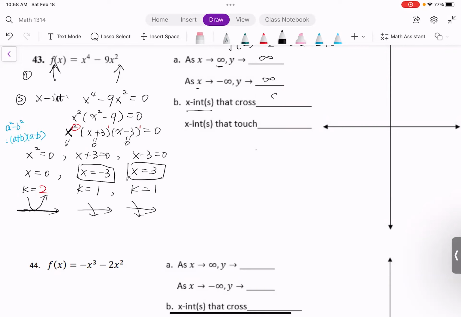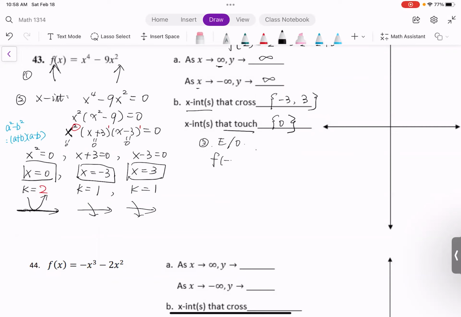I can list them in set notation: {-3, 3}. Touch means k equals 2, that's even multiplicity, at x equals 0. And then let's decide if it is even or odd. Number 3, even or odd.